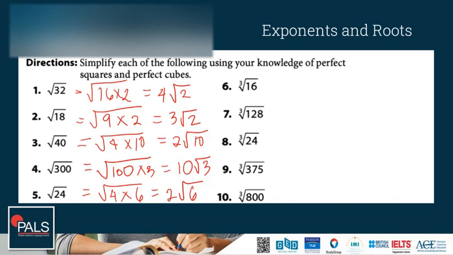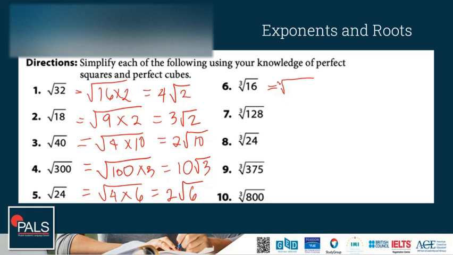Number 6, it's cube root. Same with what we did with the first 5 numbers with square roots, we will do the same on this problem. Cube root of 16 is not a perfect cube, but we can factor it out.